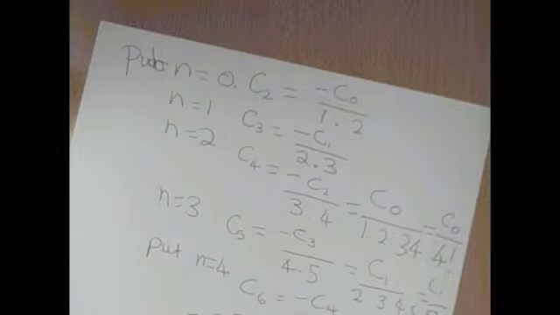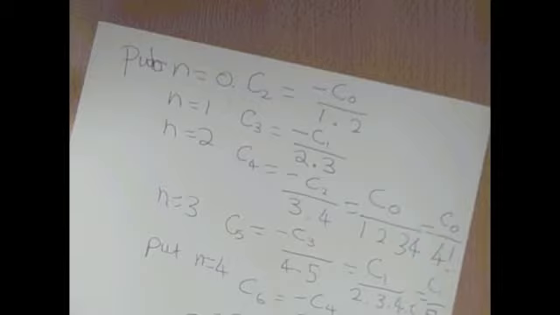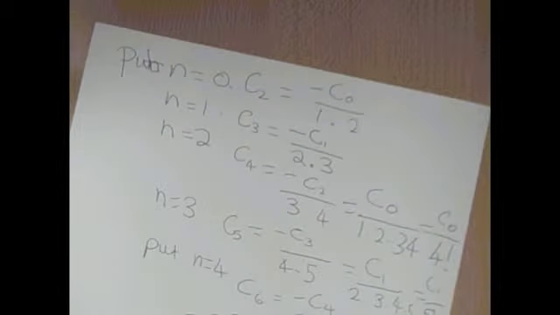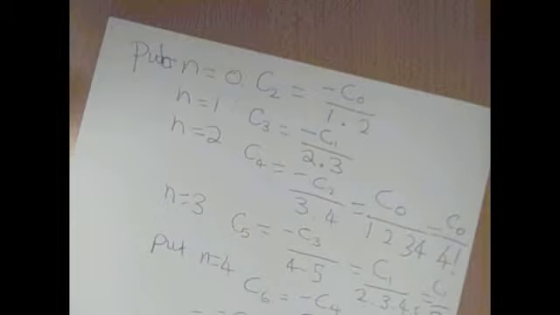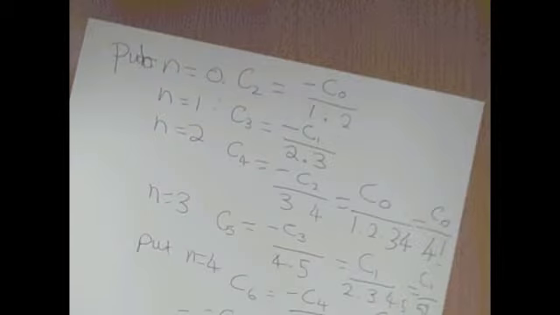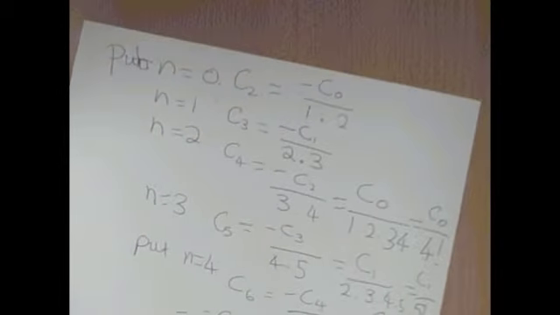c2n equals minus 1 to the n, c0 over 2n factorial. And then for odd coefficients, we see c2n plus 1 is equal to minus 1 to the n, c1 over 2n plus 1 factorial.